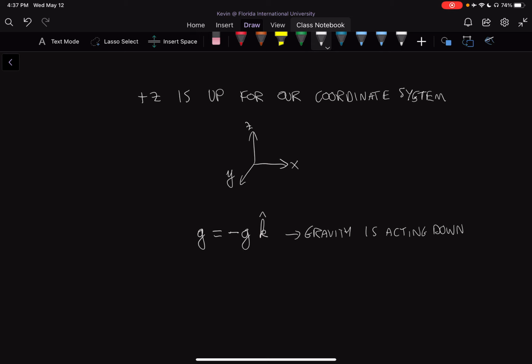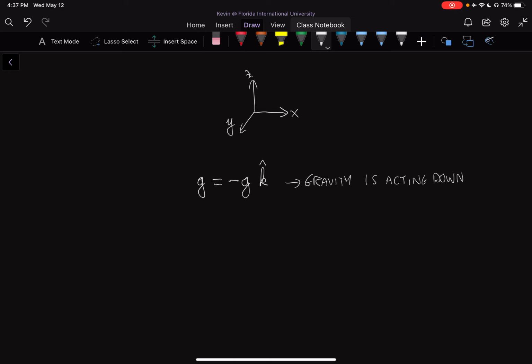Now, looking at our gradient operator, we have three terms: dP/dx, dP/dy, and dP/dz. Now, what are dP/dx and dP/dy going to be equal to?